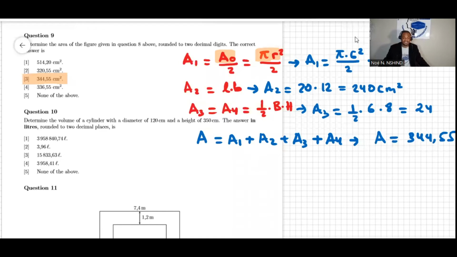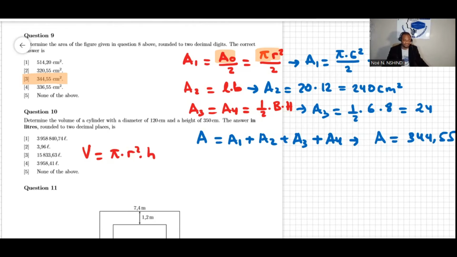Question 10 says: determine the volume of a cylinder with a diameter of 120 centimeters and height of 350 centimeters. The answer in liters rounded to 2 decimal places is... Now, the volume of a cylinder is given by pi r squared times h.